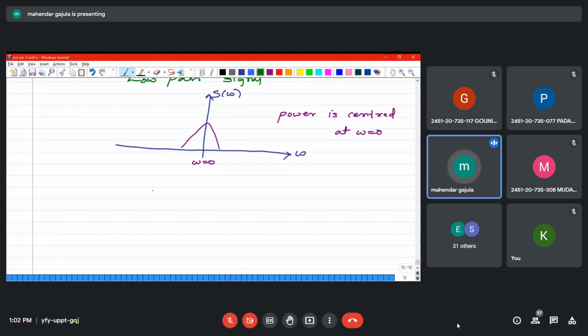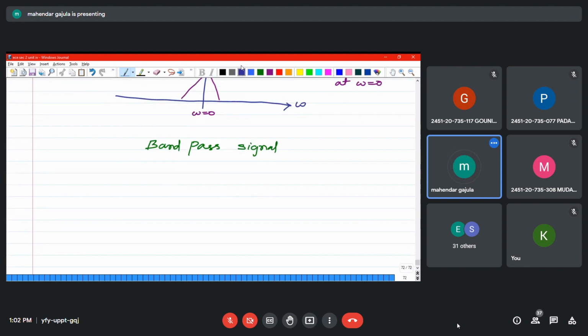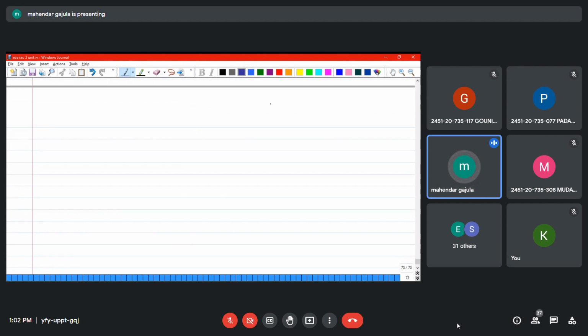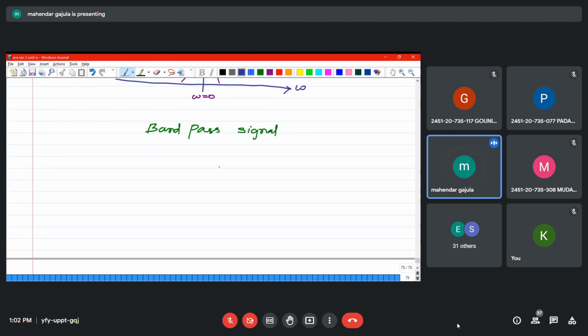And a band pass signal. The band pass signal has a lower cutoff frequency and an upper cutoff frequency, and its power is not at the origin. It is somewhere like this.